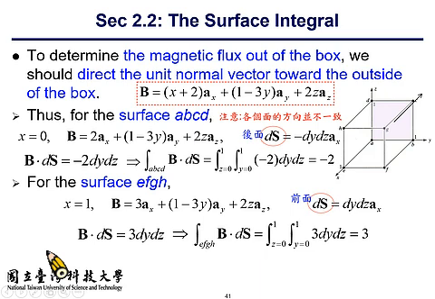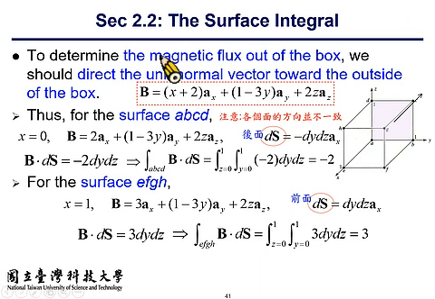So the magnetic flux density expression is simplified like this, because x always equals 0 on these surfaces, while y and z are both variables on these surfaces.